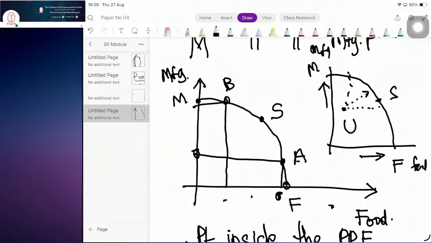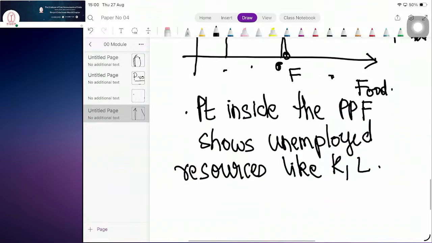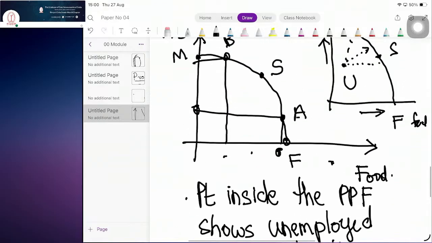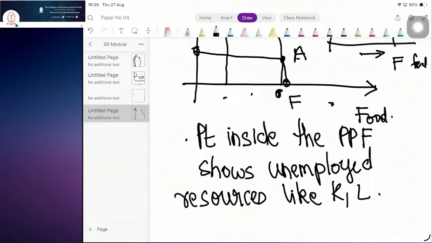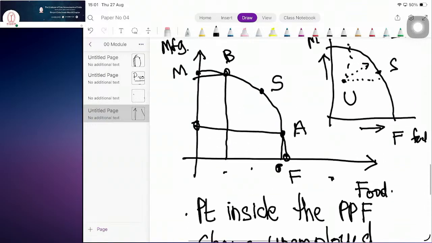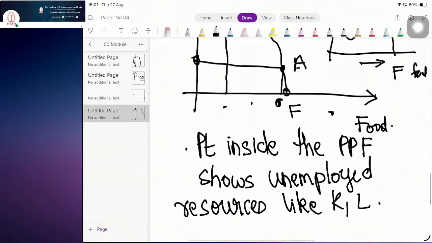Okay, I'm marking a point somewhere like this. What does that mean? A point like I. What is a point like I? We have already written what is a point like U. What is a point like I?